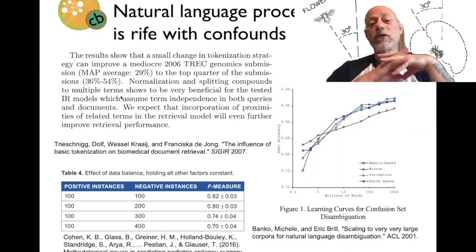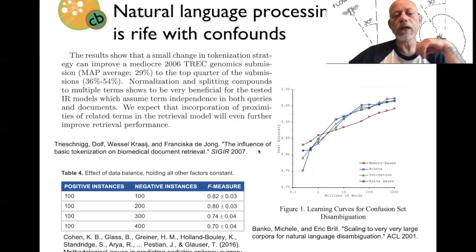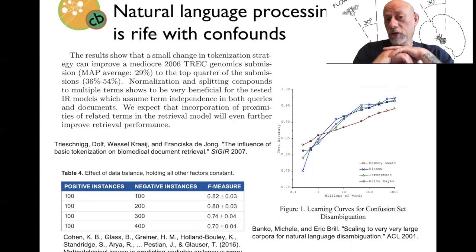So in the upper left-hand corner of your screen, you're seeing a section of a paper by Trishnig et al. on tokenization. And what they showed in that paper was that tokenization can actually have a bigger effect on system performance than the choice of an algorithm.